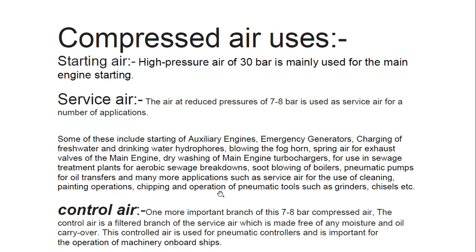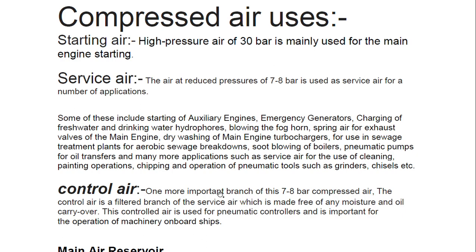Okay, so when we talk about compressed air, we have it broadly in three categories. We need air on board ship. The same air which is stored by the air compressor in the air bottle is used in three different forms. The first one is the starting air, which is very important, because without it the engine would not start.